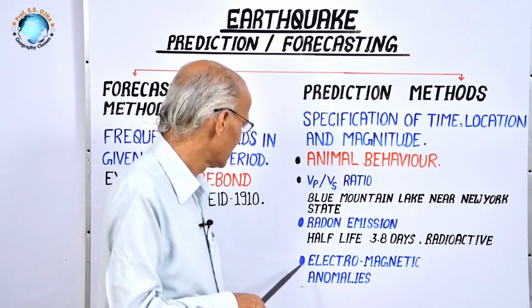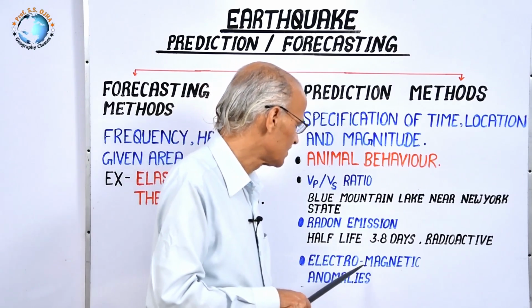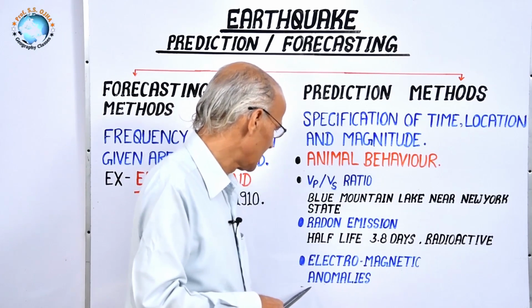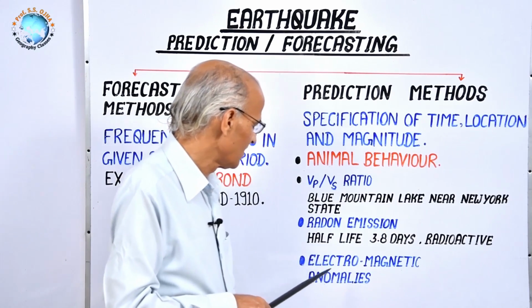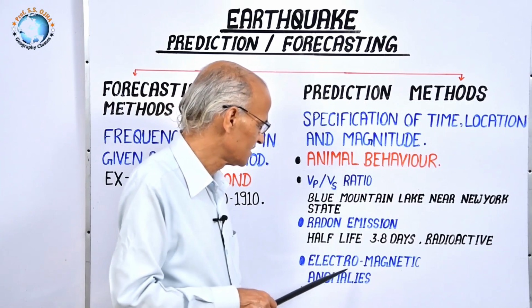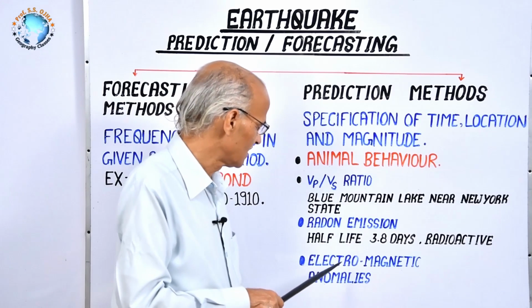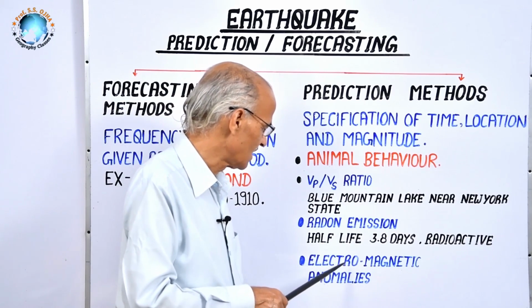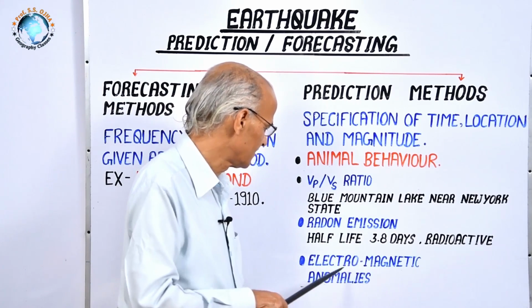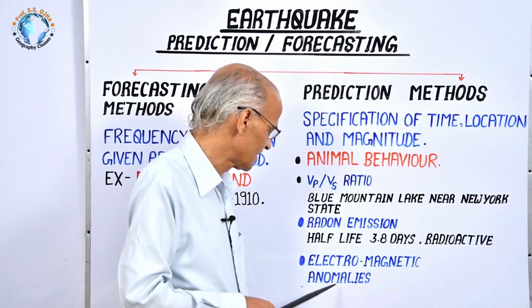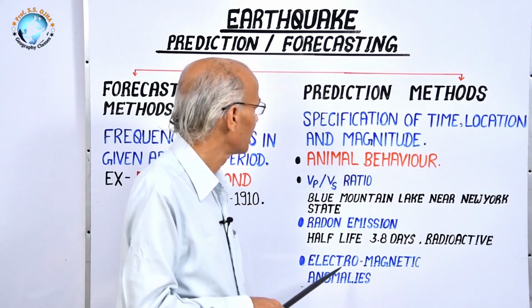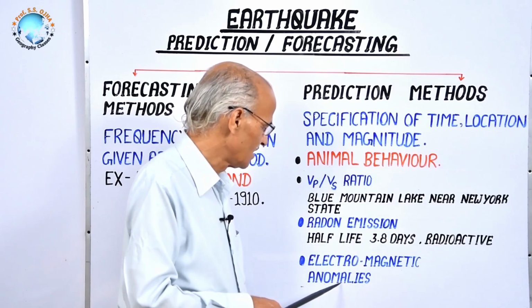And the last method is electromagnetic anomaly. Before an earthquake, there is discharge of electromagnetic waves from within the earth. On the basis of the study of this electromagnetic anomaly, we can predict earthquake exactly.